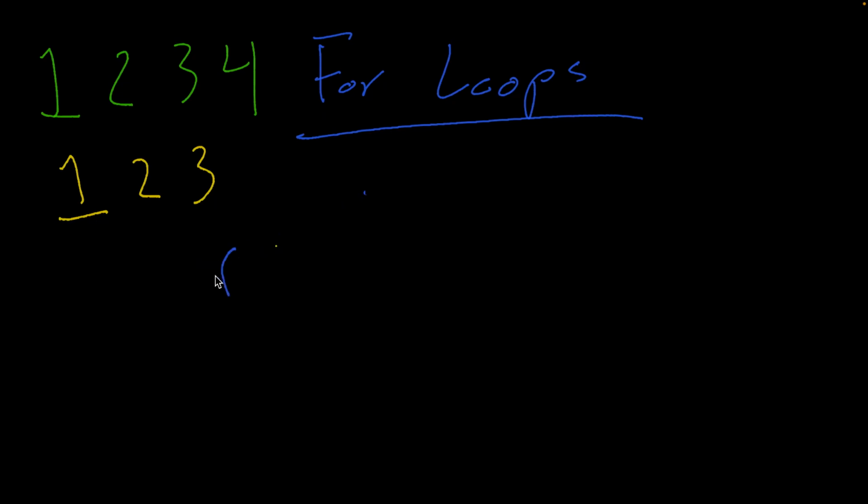for, and then the parentheses. And now I'm going to say var I. Instead of num, I'm going to call it I now. Okay, var I equals 0, semicolon.